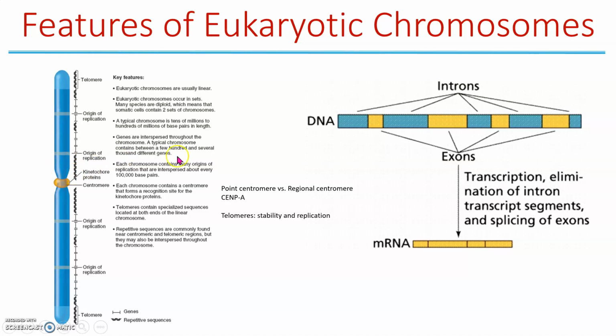There are two different types of centromeres that exist. So there is a point centromere that exists in certain yeast species, and these are 125 base pairs in length. Then you have the ones that are found in humans, and these are regional centromeres. These tend to be longer.